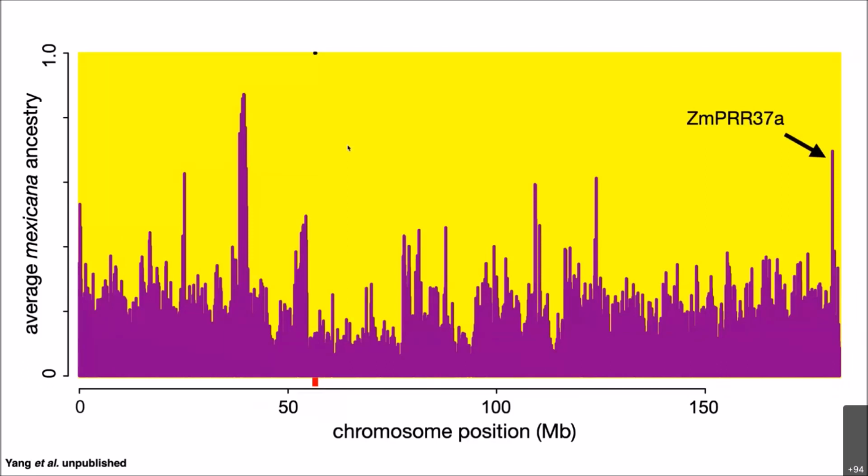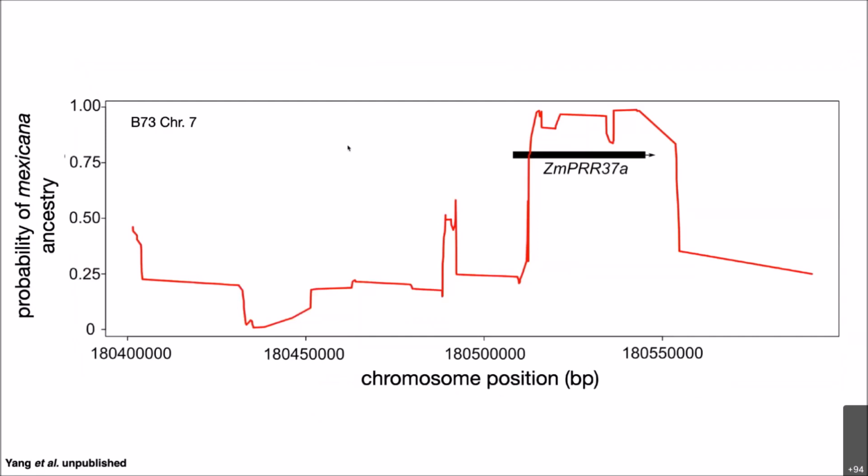This particular example on the tip of chromosome 7 is a locus ZM-PRR37A, which is a known flowering time locus. This is just zooming in on that region in B73. You can see that the peak of Mexicana ancestry is very small, as you'd expect if admixture was a long time ago, and very cleanly outlines essentially most of the coding region of the gene.